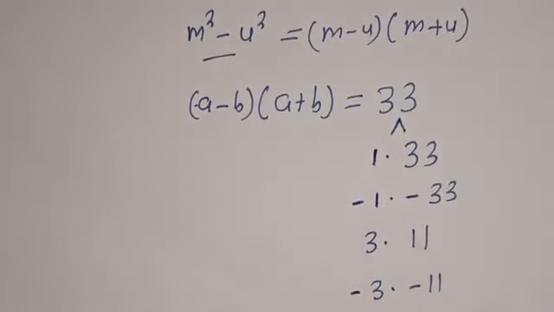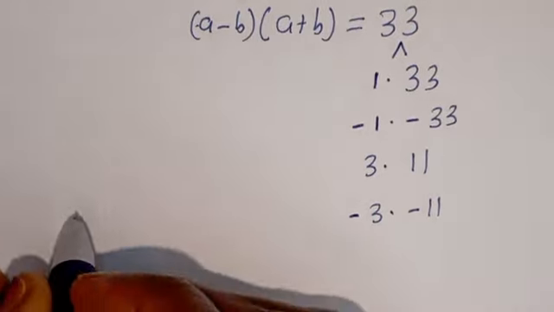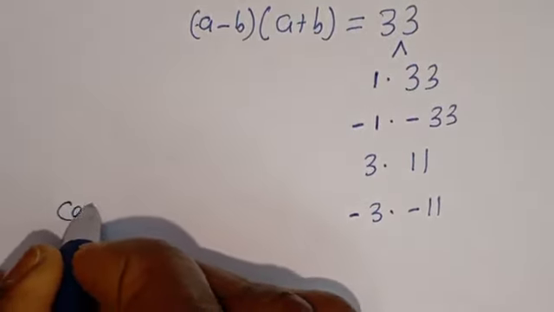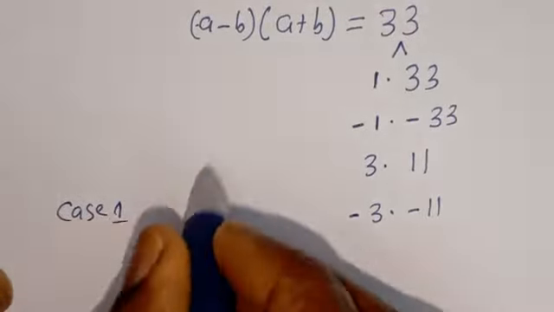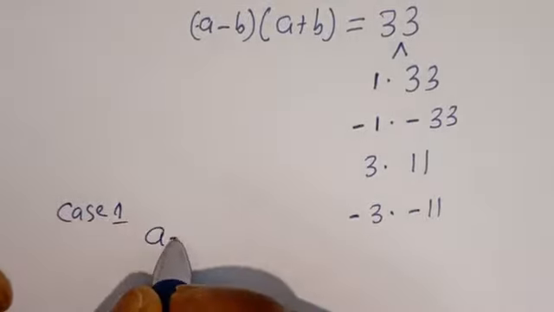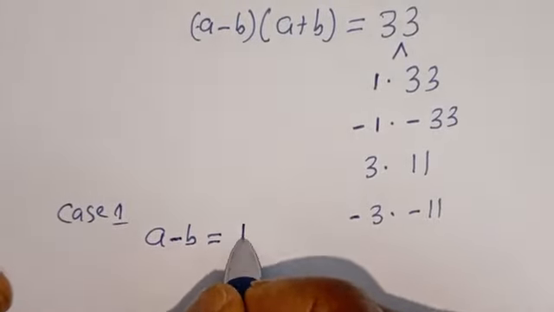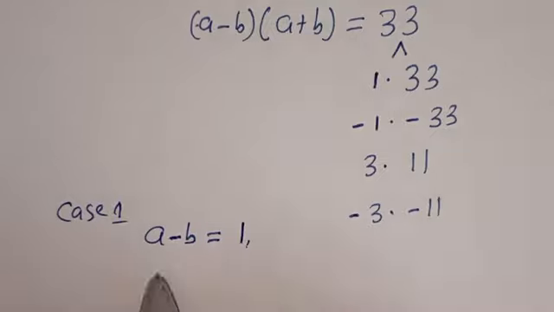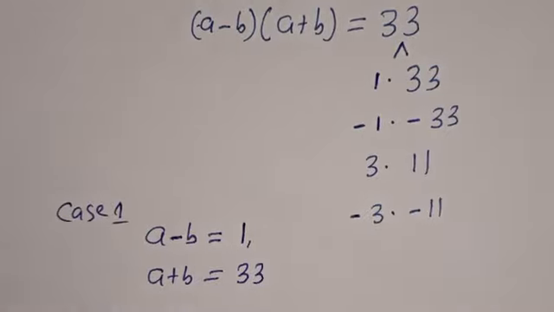Now let's consider the first case. Case 1: a minus b is equal to 1, and a plus b is equal to 33.